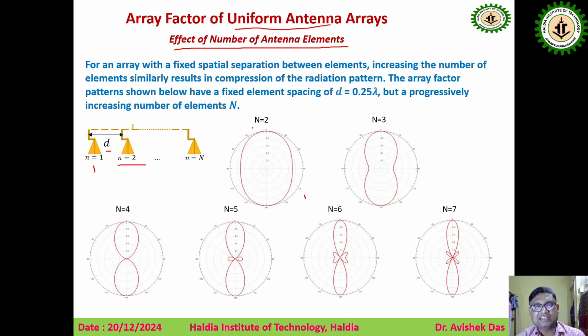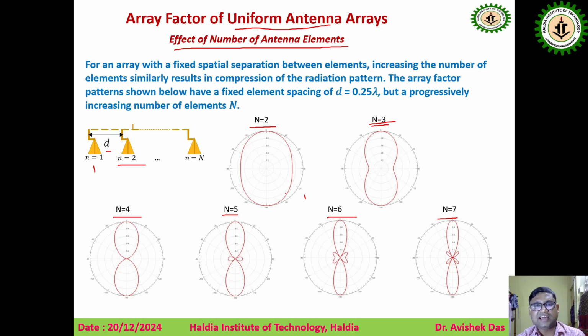We can find here the total number of elements is N equal to 2. This one is the radiation pattern when there are 2 linear antenna elements present. Look here how the radiation pattern changes if we increase the number of elements: N equal to 3, similarly N equal to 4, N equal to 5, N equal to 6, N equal to 7.